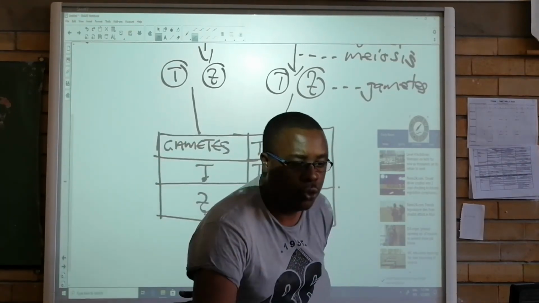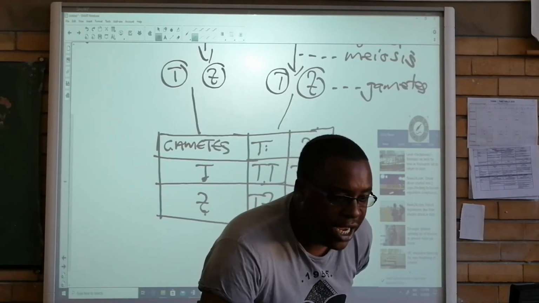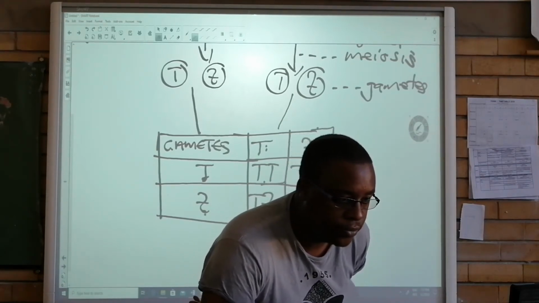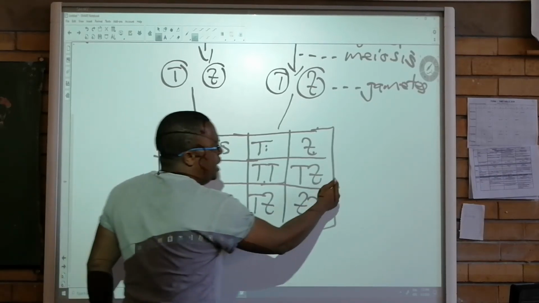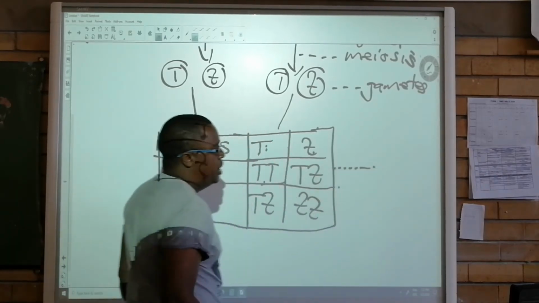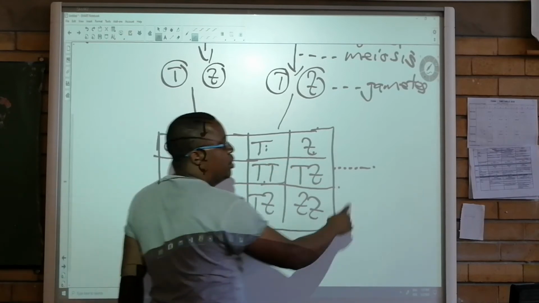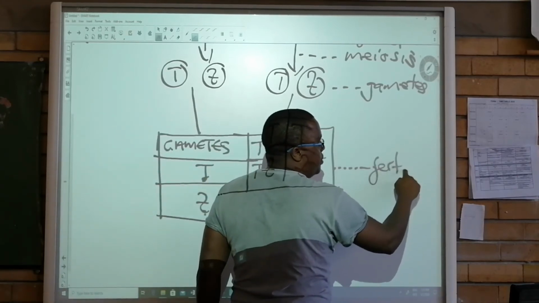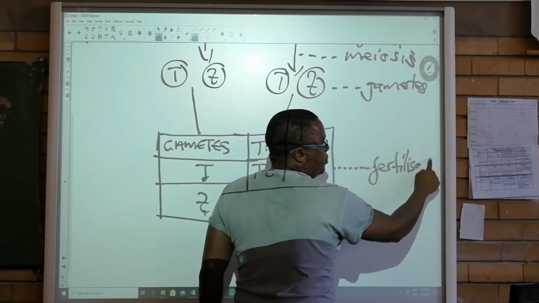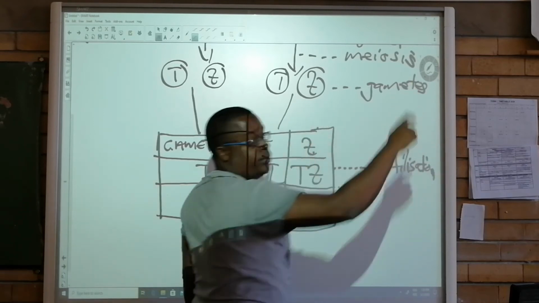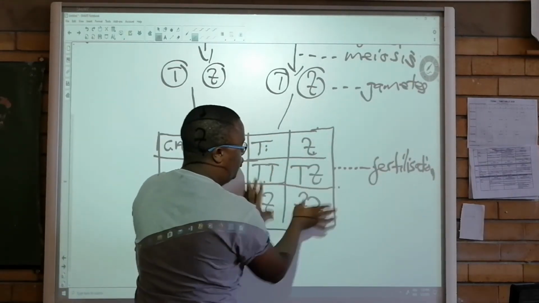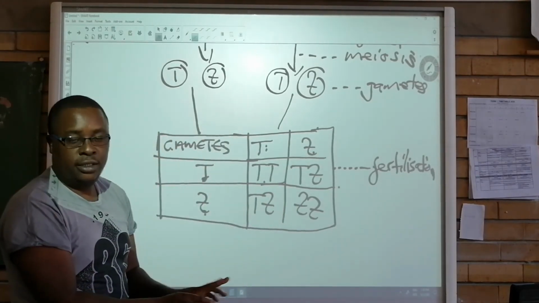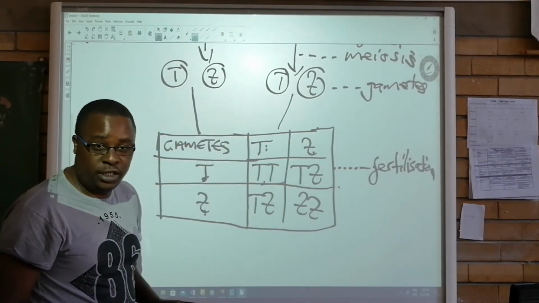Then I write, in the first row, fertilization. Are we together? Showing fertilization within these four squares. This is your Punnett square.